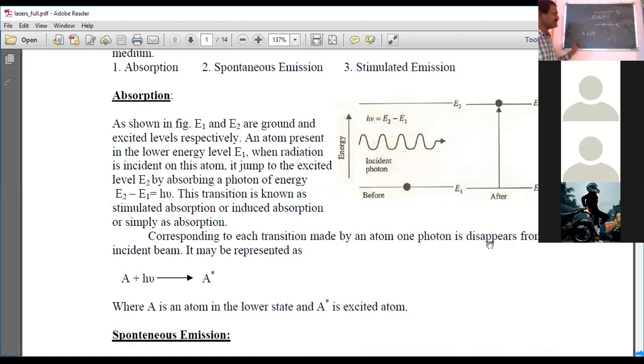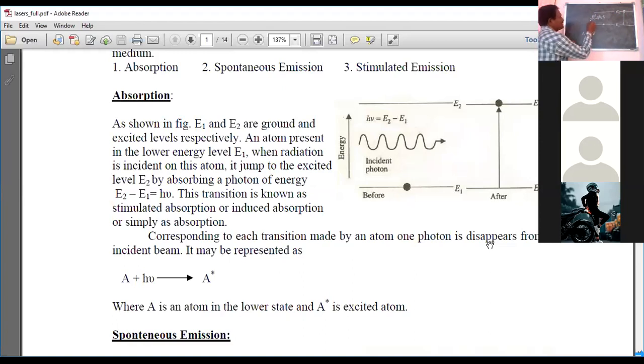If the energy given to the atom A is sufficient, equal to the difference between the energy states, then it will be able to absorb the energy, and this atom is going to be excited to the higher energy state, meaning the atom now has a higher or excited energy.